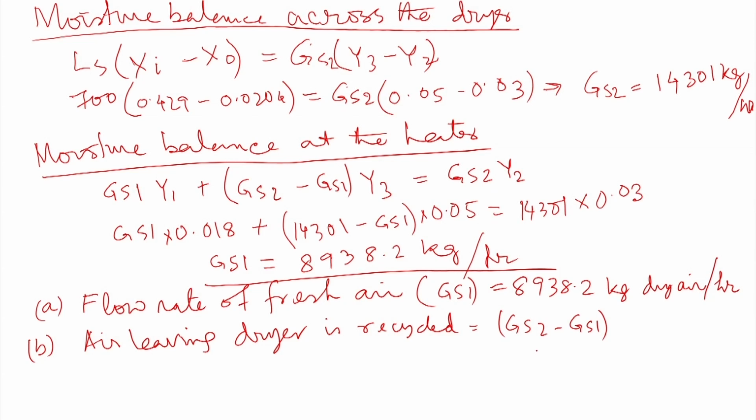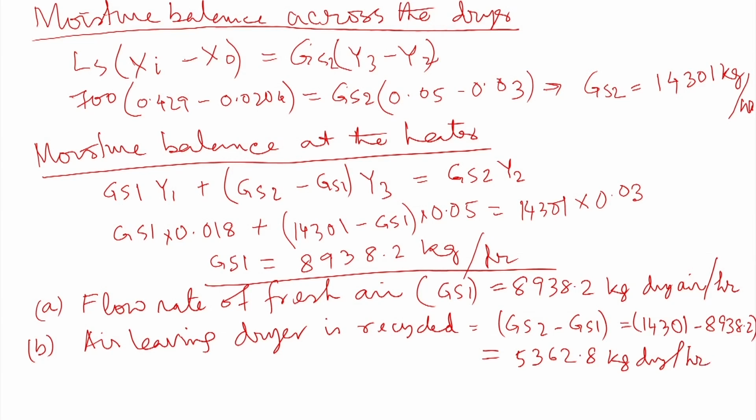So it is 14,301 minus 8938.2, which comes out to be 5,362.8 kg dry air per hour.